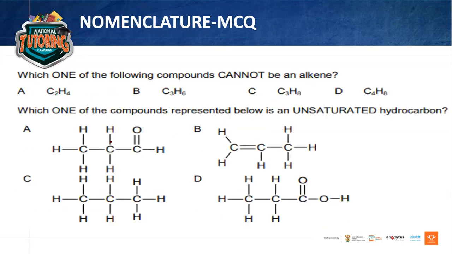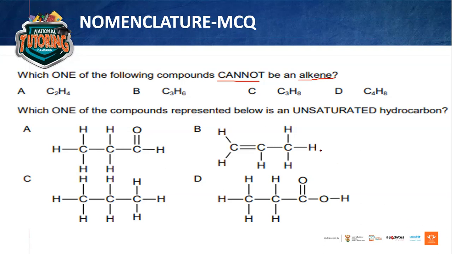Right. We go further. Which one of the following compounds cannot be an alkene? Now, my dear learners, you must know that when you are given a molecular formula, so we want a molecule that cannot be an alkene. It means all of them are alkenes, but only one is not an alkene.